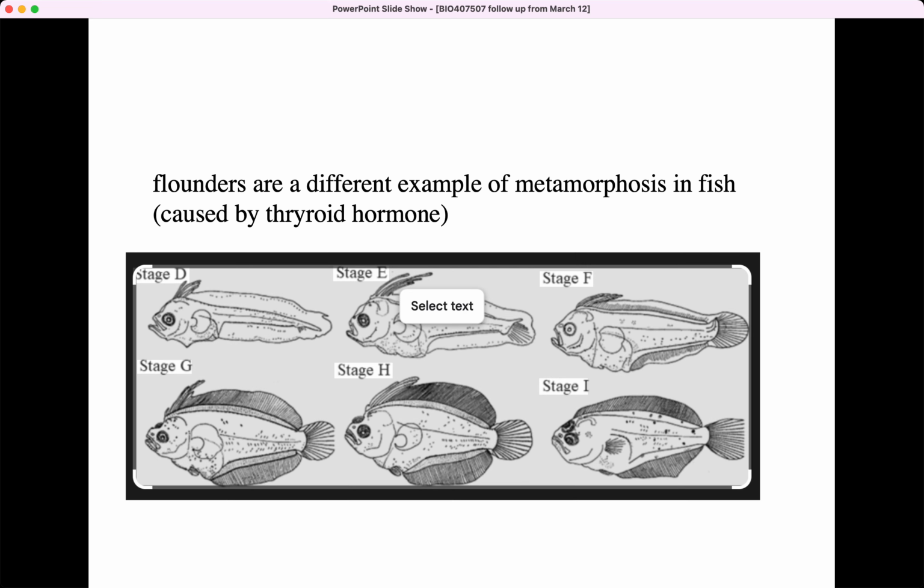It's the evolution of a flounder, from a fish that's swimming around with a typical shaped body with an eye on each side of its head, and then it goes through metamorphosis. And I brought this up because thyroid hormone regulates this.